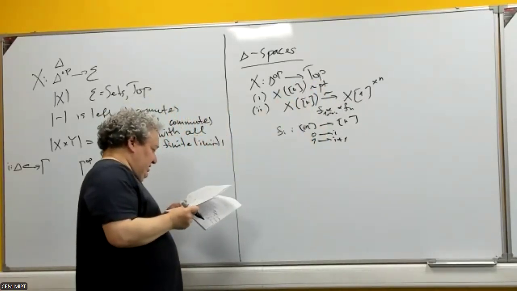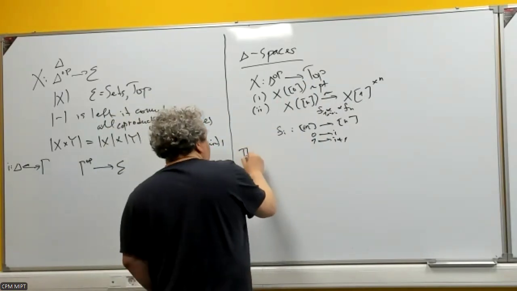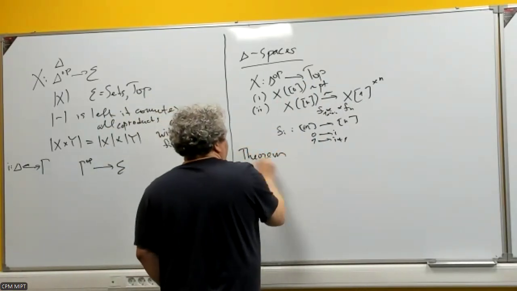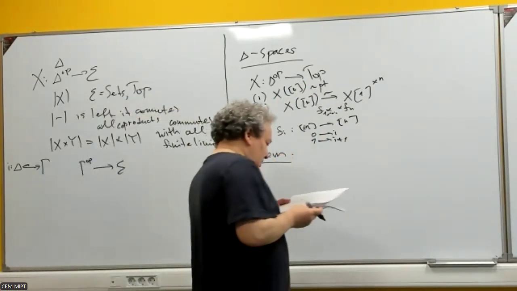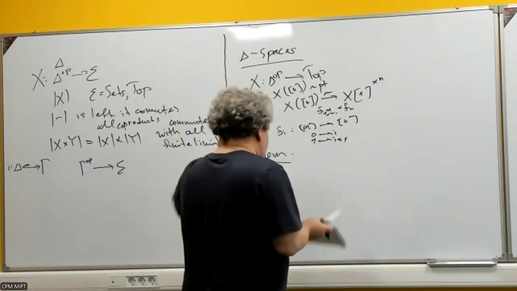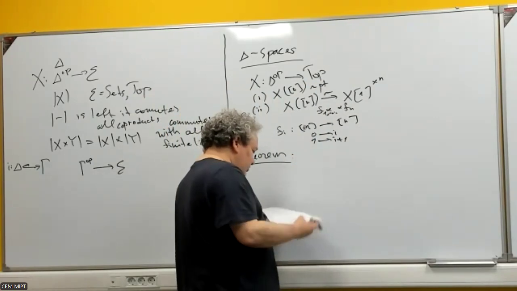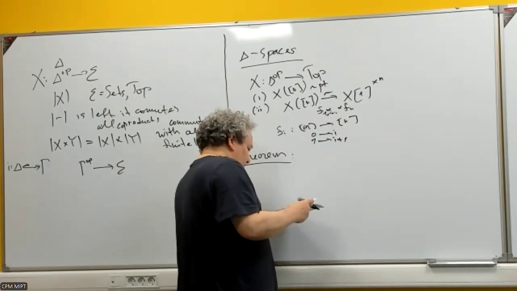So then we need the following theorem. Technically it's the most hard point in the Segal paper. Although it's not for Gamma spaces but for Delta spaces, he uses it for Gamma spaces. The statement is the following.